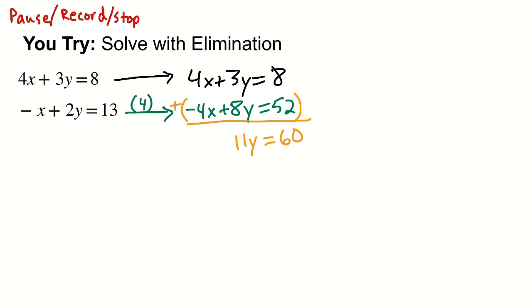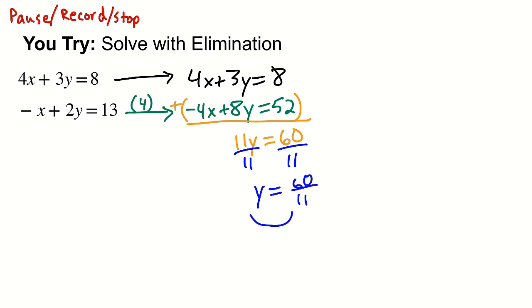This problem turned out to be a little messy, I think. Am I right? So we need to divide by 11, and we get y is equal to 60 over 11. And I am just going to leave that fraction just like that. That's going to be my answer.